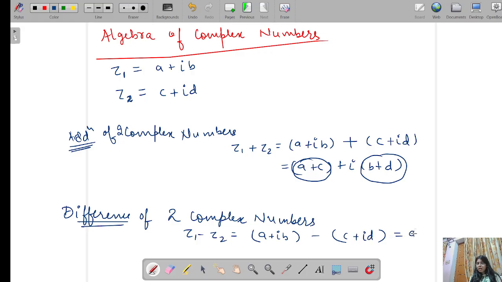Firstly, I am going to open the second bracket. It will be like this. And then I can regroup the real part with the real part and the imaginary part with the imaginary part. Now this has become the real part of z1 minus z2 and this has become the imaginary part of z1 minus z2. This was it.